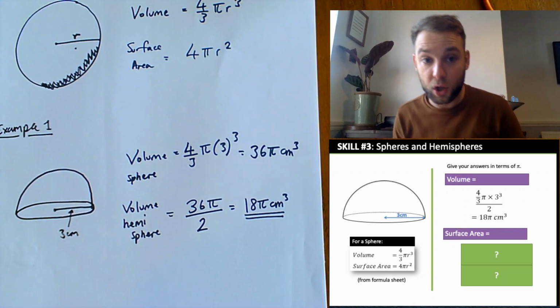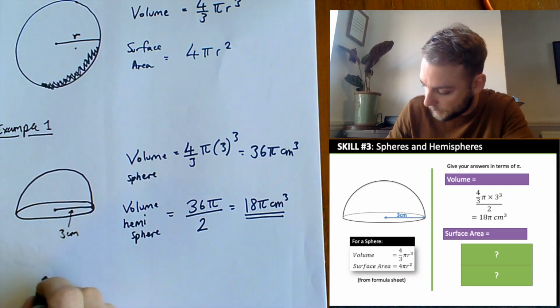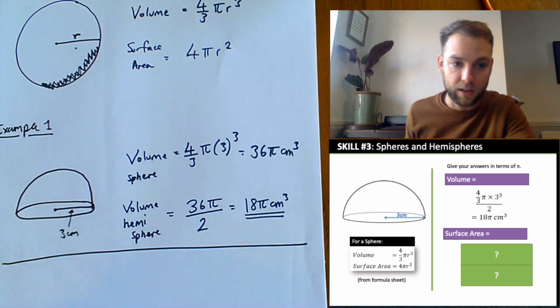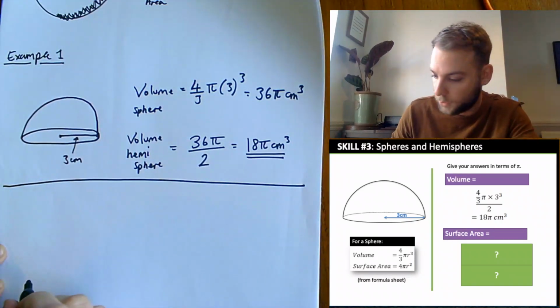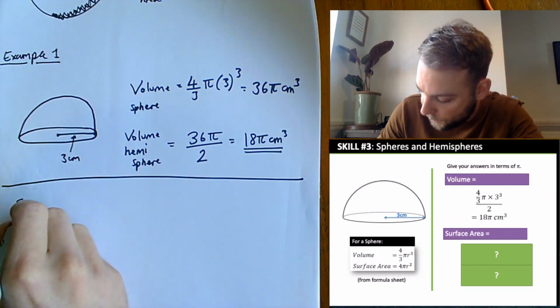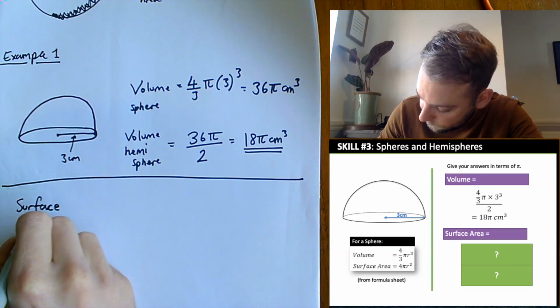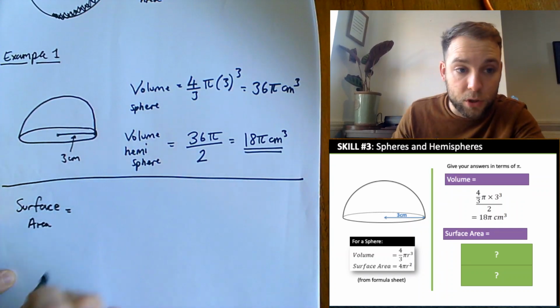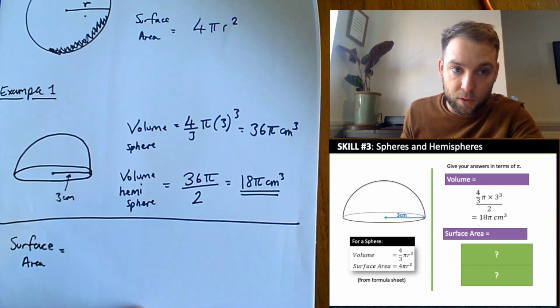If we find the curved part first of all, here we've got our surface area. Underline that. Let's move this up a little bit so you can see. So the surface area is equal to the 4 pi r squared, which we used before.